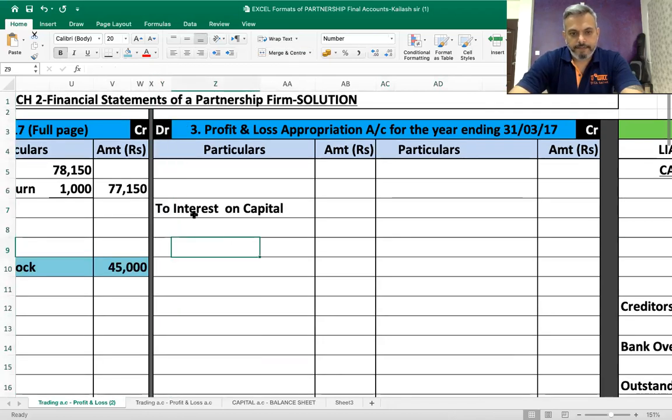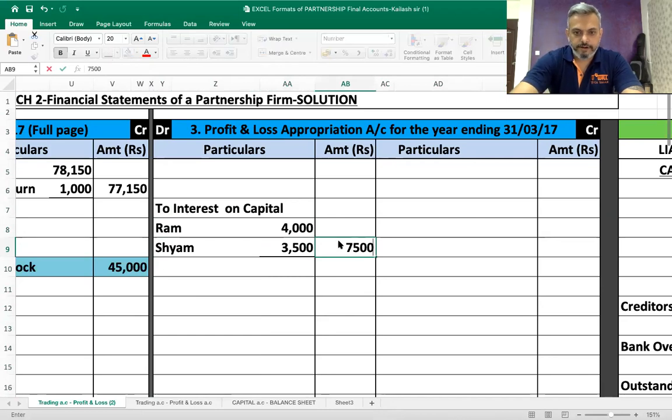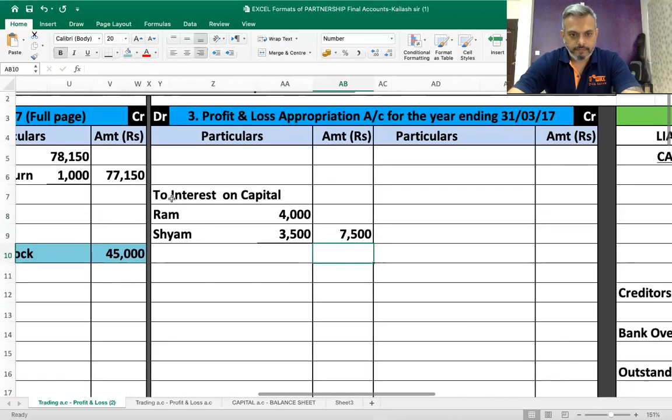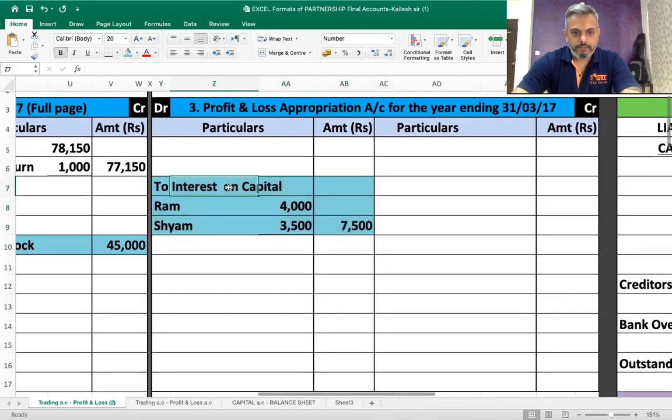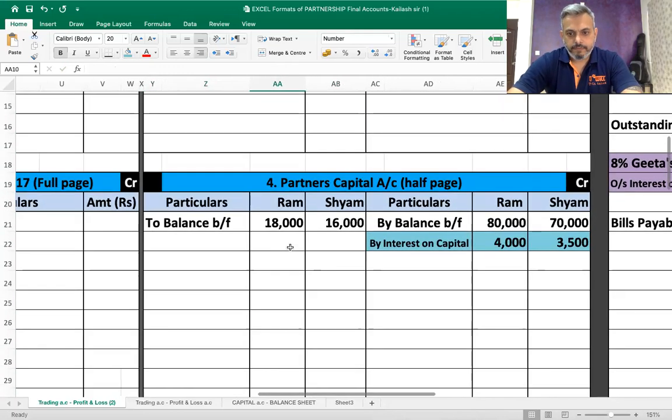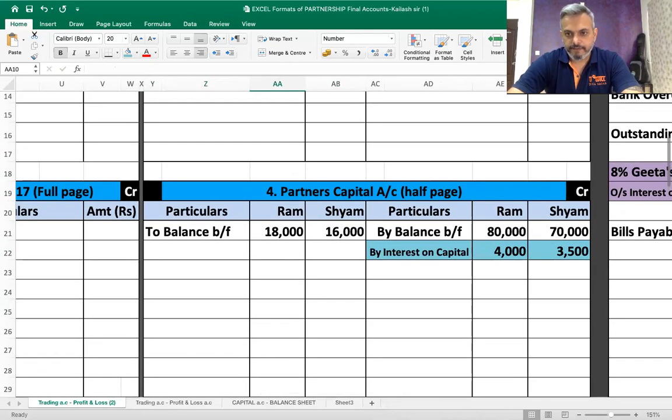To interest on capital, we write the names of the partners, Ram 4,000, Shyam 3,500. Underline, total it, 7,500. Everyone understood the two effects.